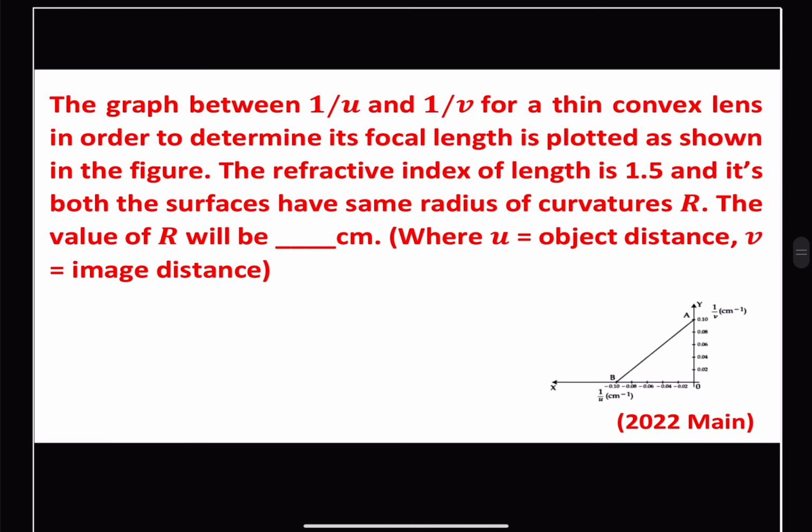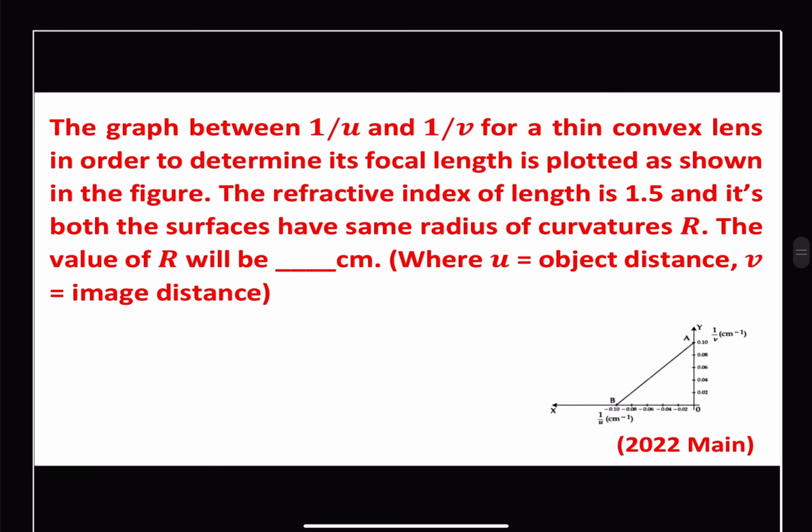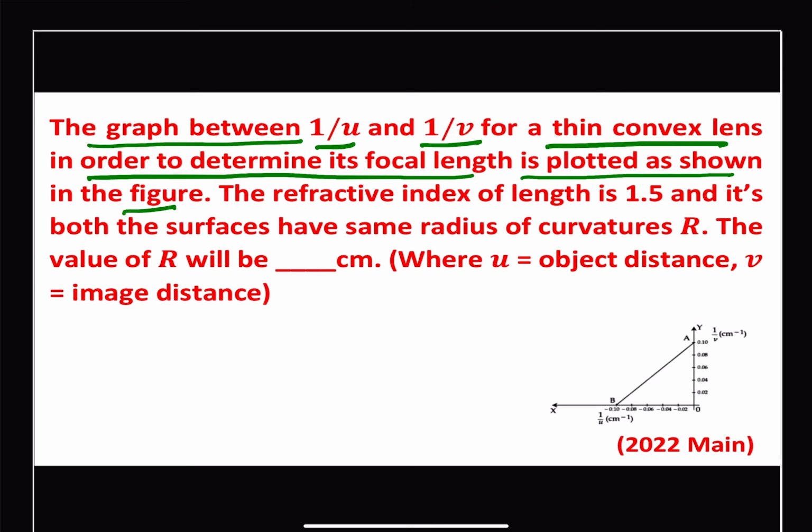We are given the graph between 1 by u and 1 by v for a thin convex lens. In order to determine its focal length, it is plotted as shown in the figure. The refractive index of the lens is 1.6 and both its surfaces have the same radius of curvature r.